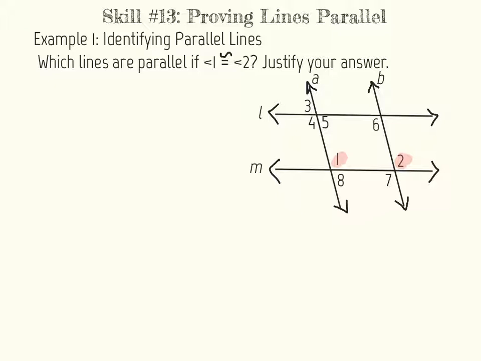Well, if the line A right here and B right here, and then if our transversal is line M, then we see that our corresponding angles are 1 and 2. And we know that if we have corresponding angles, then the lines have to be parallel. So that would mean that A and B are the parallel lines.